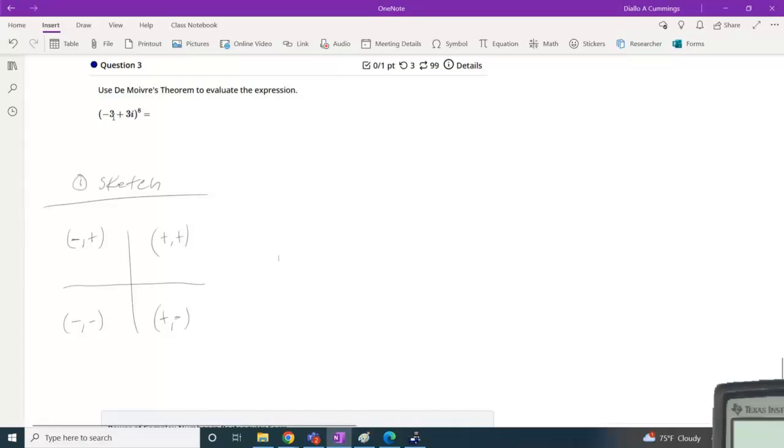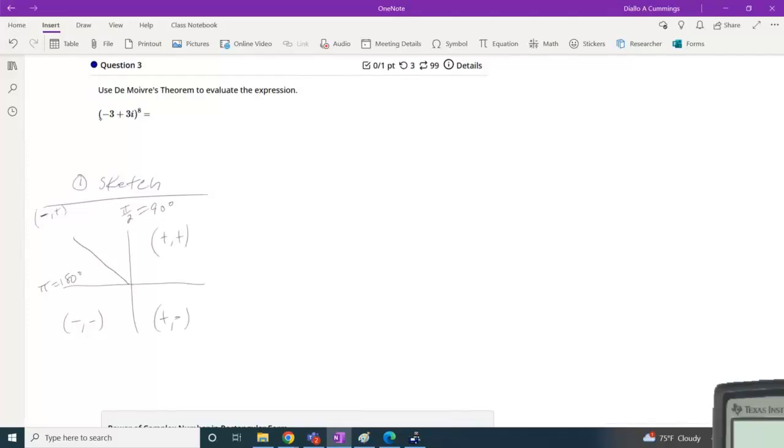So if I look at my complex number, my real number portion is negative and my imaginary portion is positive. So that will put this complex number in the second quadrant. So that means that my direction angle must be in between pi over 2 and pi, or 90 degrees and 180 degrees.